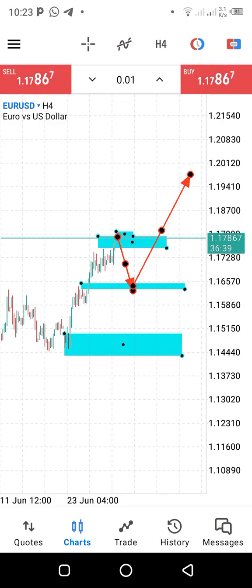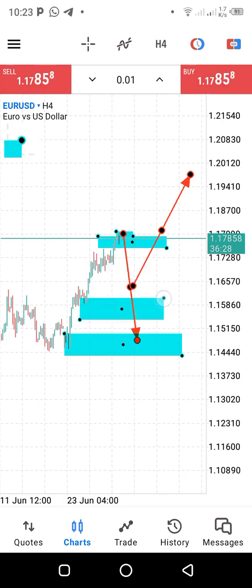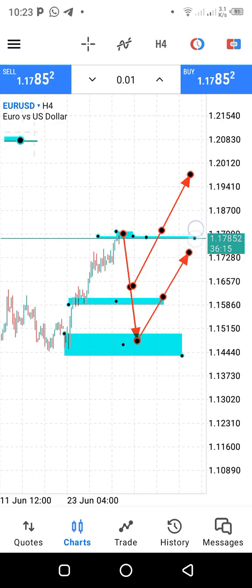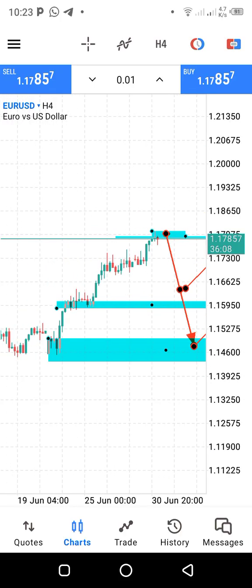Okay, so if price manages to surpass this demand zone and continue upwards, then we may first of all see price come all the way down to that demand zone and then continue higher. Okay, so it will be something like this. Price could come and then continue higher. So yeah, that's what I'm expecting on USD currently.